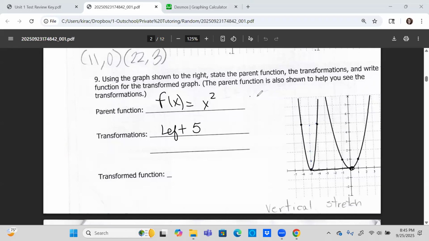Let's again maybe jot down a couple points. So I know the original x squared, -1 goes to 1, 0 goes to 0, and 1 goes to 1.